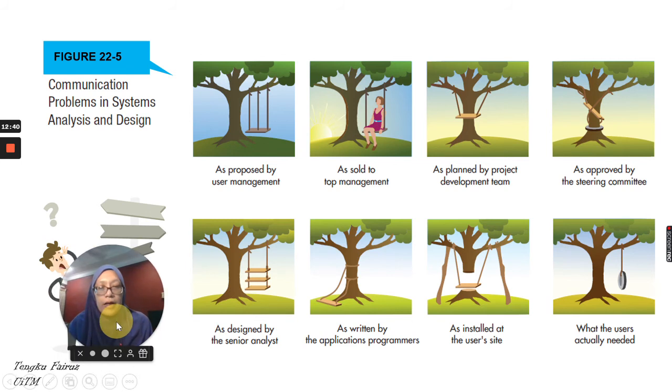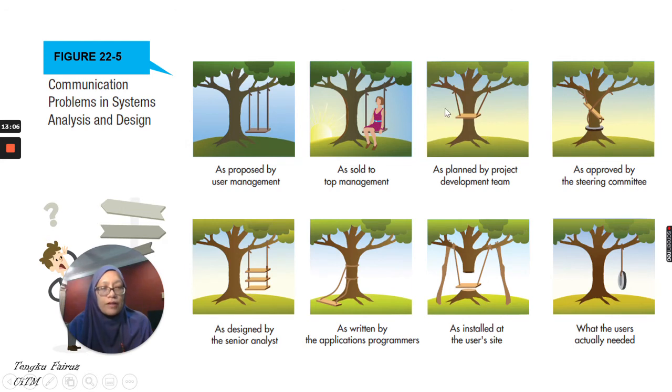Each picture here illustrates a different type of swing. This is illustrated by the management, the proposal by the management. This is what the swing looks like, and then as sold to the top management, as planned by the project development team, as approved by the steering committee.